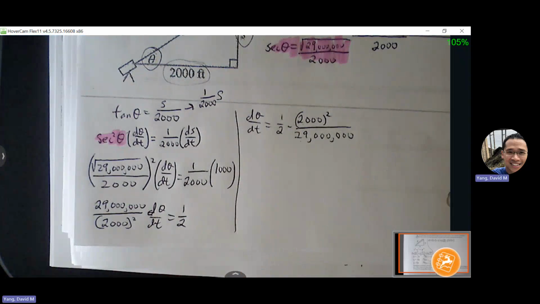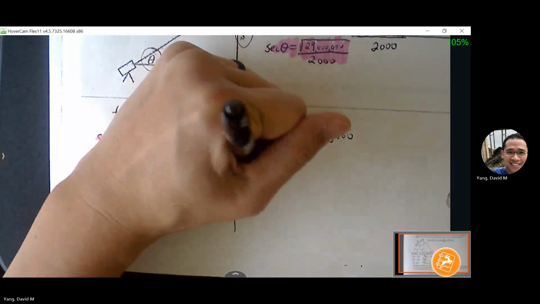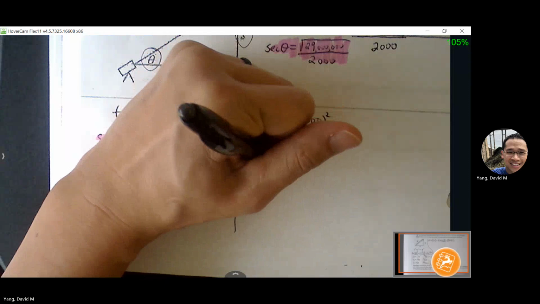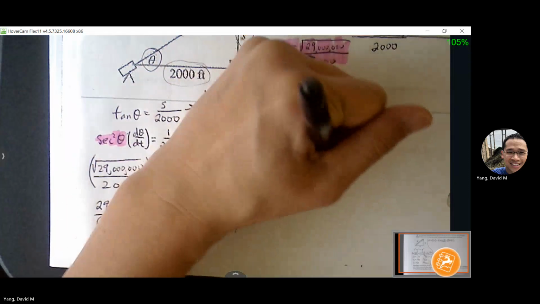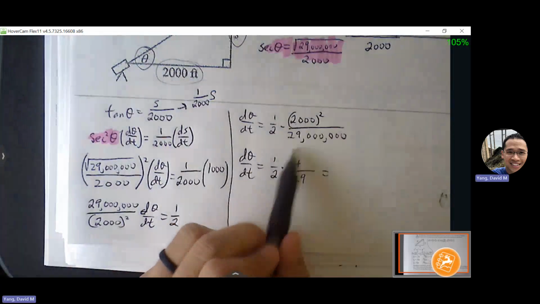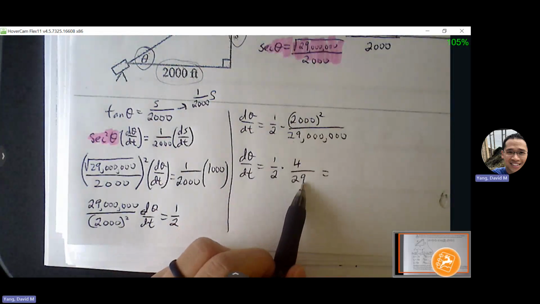Right, let's see what we can do to clean this up here. This messy fraction gets me all the way down to 4 over 29.